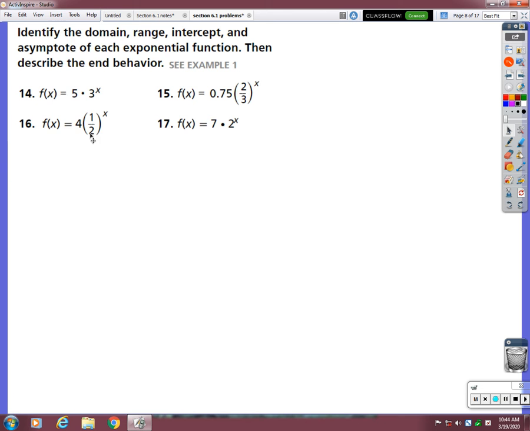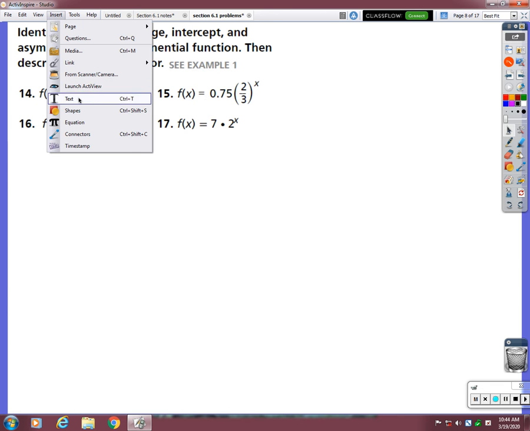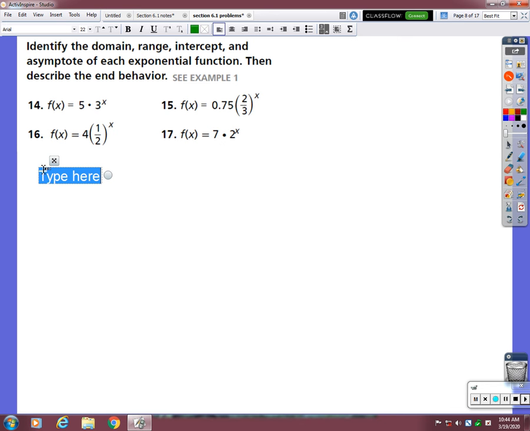Okay, so then these next 4 are the ones that we did in the lesson. So let's see if we can get these figured out. For number 14, the domain is all real numbers. The range of this one, since it's not moved up or down, is going to be our standard y is greater than 0.